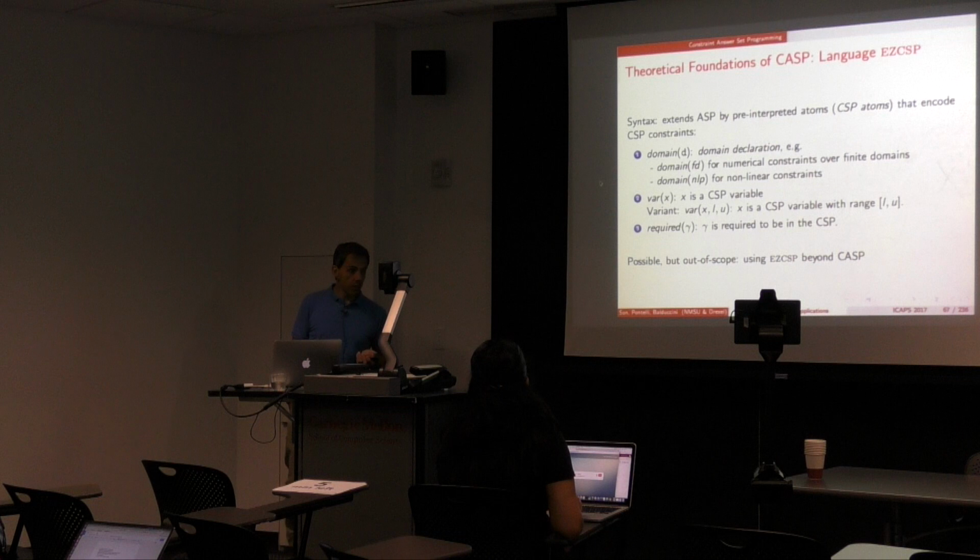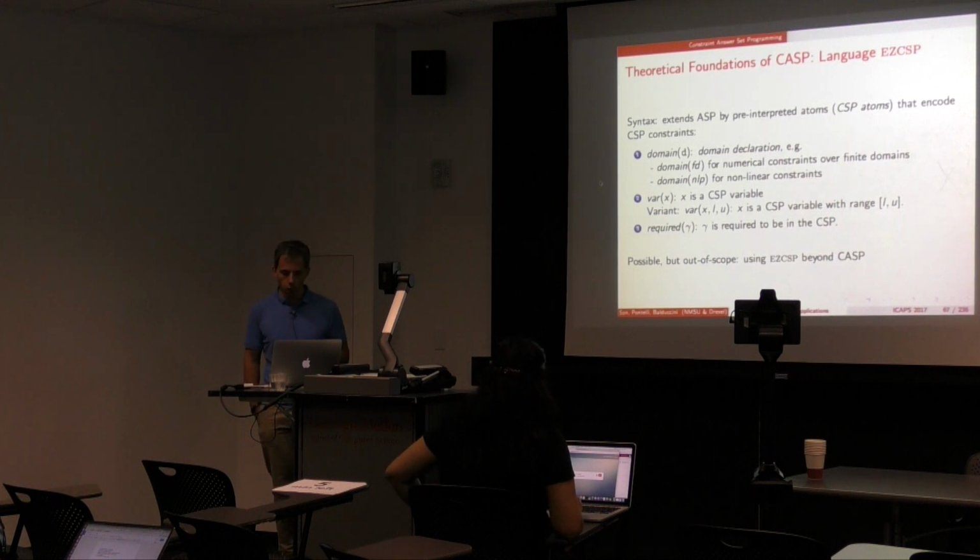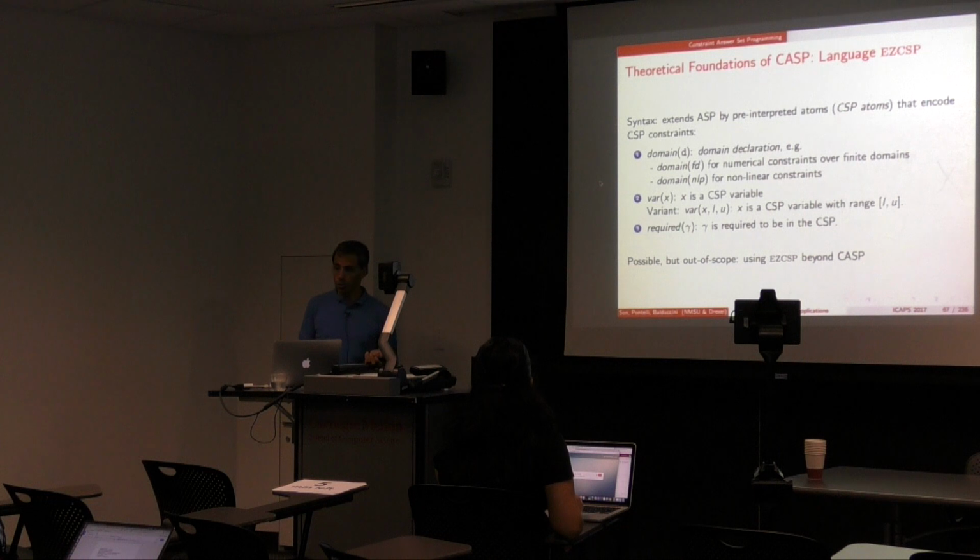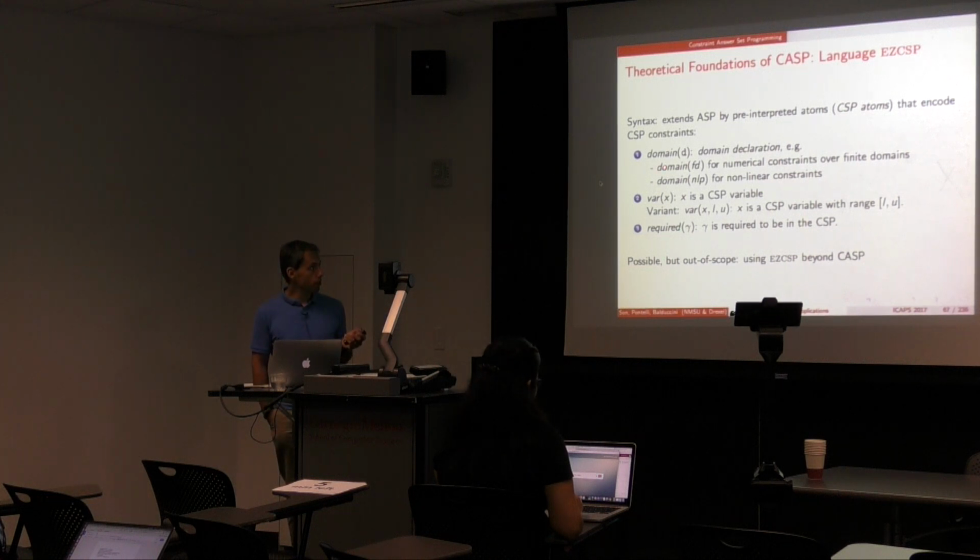So the syntax of CASP is the syntax of ASP. We just add a bit of syntactic sugar to allow for numerical comparisons that are usually not legal statements in ASP. But we have three relations that are pre-interpreted. They're fixed. Essentially, you can view them as keywords.